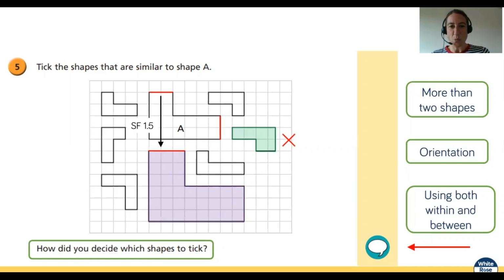Now, if the scale factor is 1.5, if I compare the blue length highlighted on A with the blue length highlighted on the purple shape, oh, well, I can see the scale factor isn't 1.5. Therefore, I can eliminate that shape too. Those two shapes aren't similar. So like I say, there's just so much more than meets the eye with this question. And it's one I think that's really worth exploring further with the students.